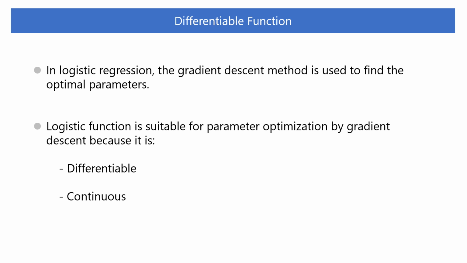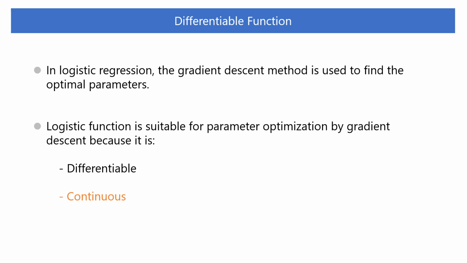In logistic regression, the gradient descent method is used to find the optimal parameters. The gradient descent method uses differentiation to minimize the error. Since the logistic function is a differentiable function, it is possible to find its minimum value by the gradient descent method.